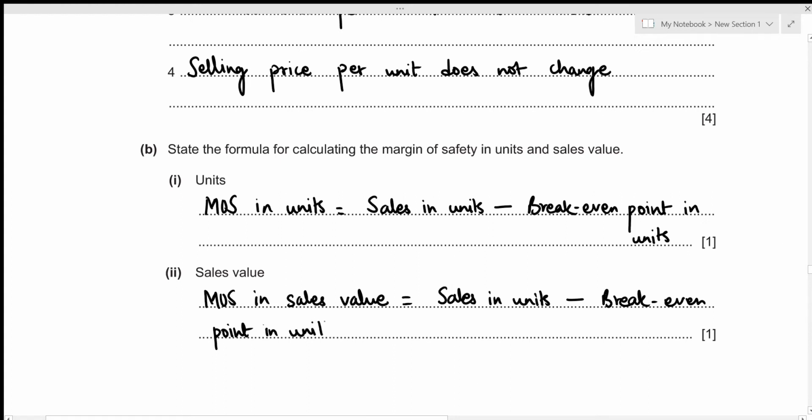And this gives our margin of safety in units, right? So now we need to multiply it with our selling price per unit. So that's selling price per unit. Okay, this concludes the second part of this question. Now we can move towards the third one.